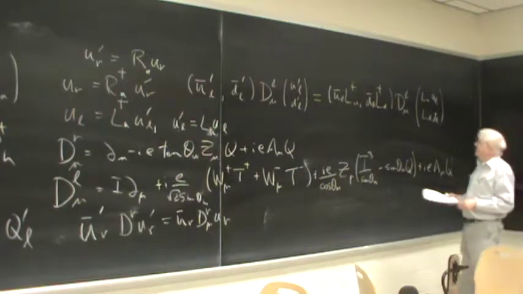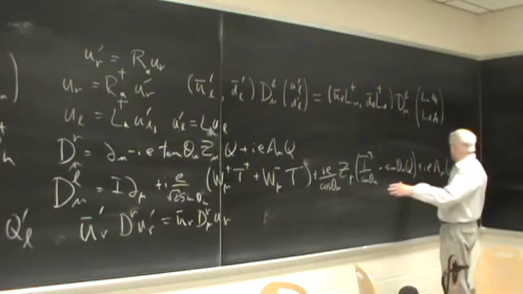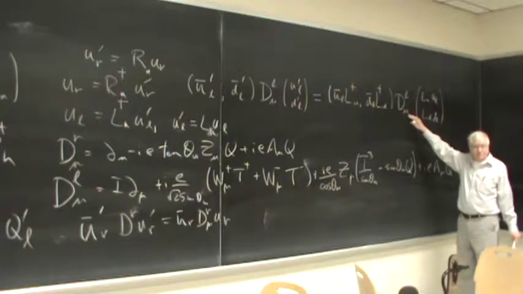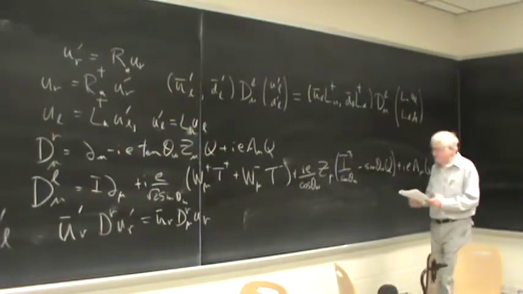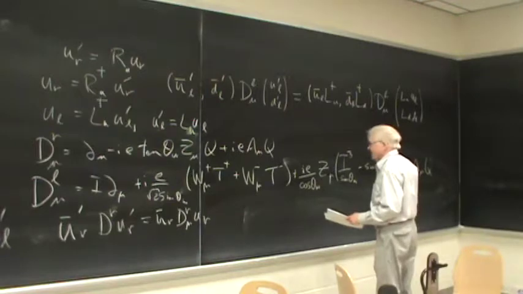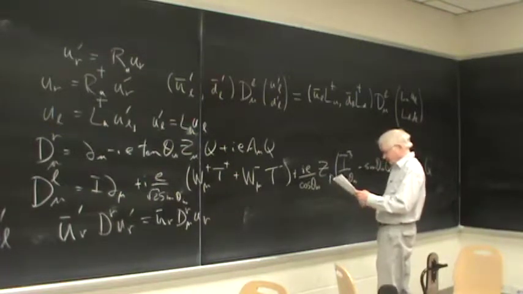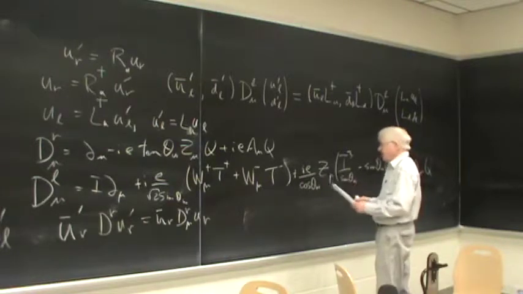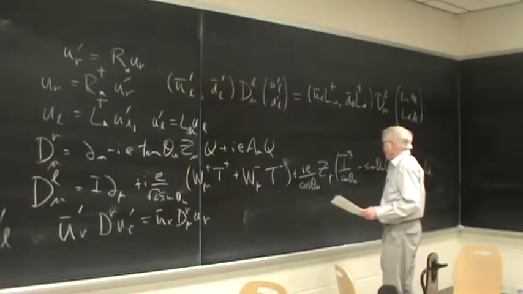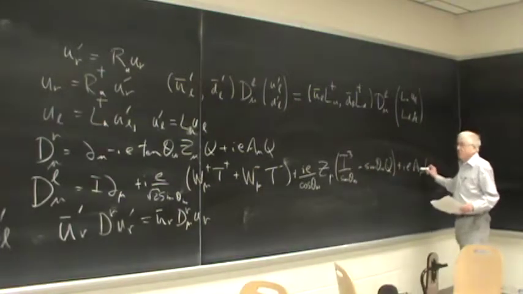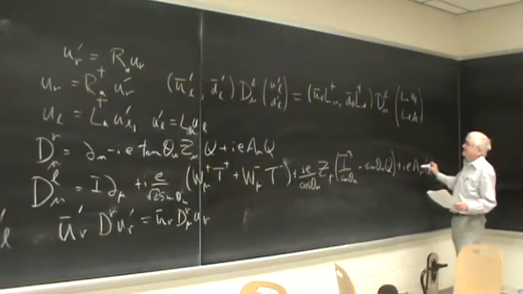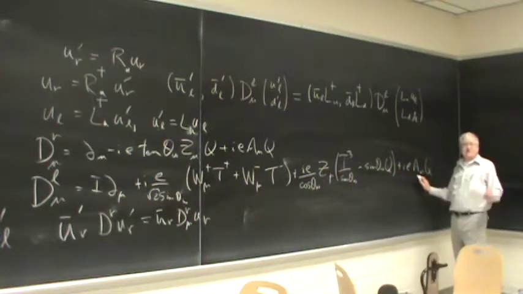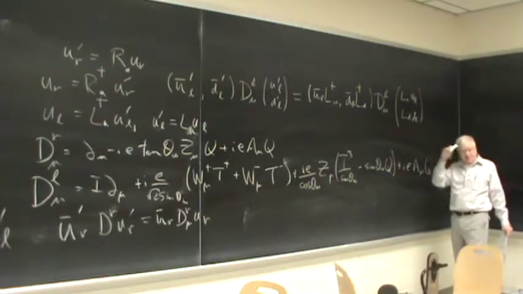And now if we substitute this expression, which is only about 12 feet long, in here, then what happens? It becomes almost the same thing, and the difference really is this: in these terms, first of all, these things have no effect because this part of the covariant derivative is diagonal in up-down space.